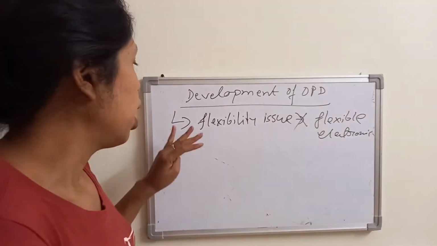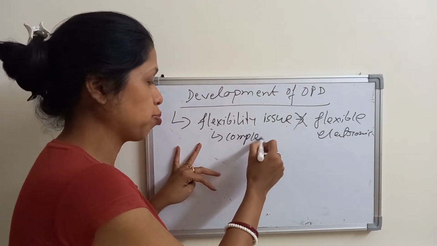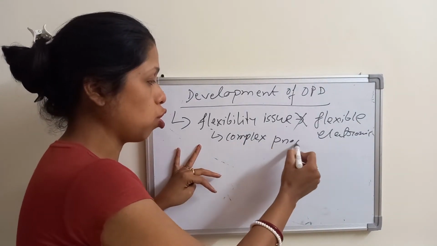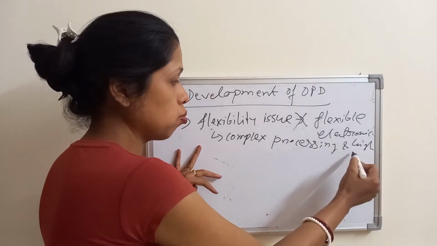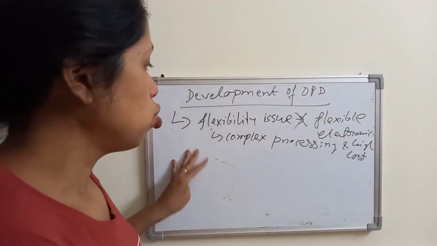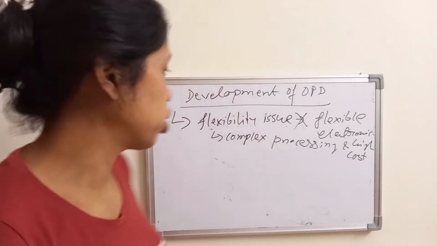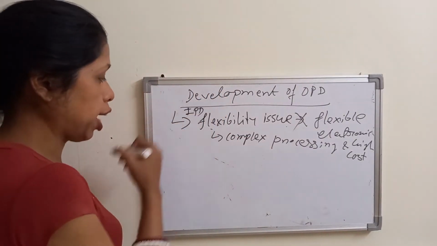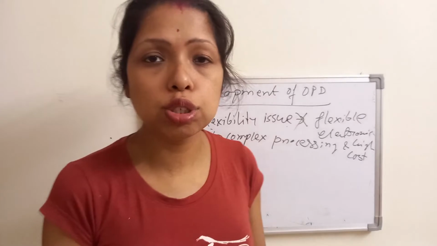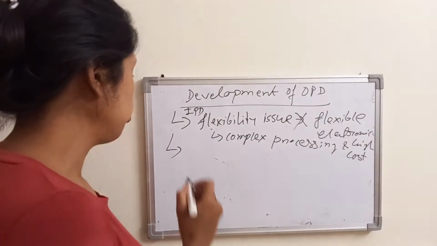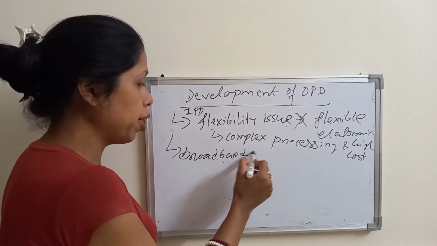Another thing, apart from the flexibility issue, is the complex fabrication process, complex processing and high cost. Due to this you cannot use the inorganic photodetector, IPD, for flexible electronics. Also, all the materials we use for inorganic photodetectors have broadband absorption.